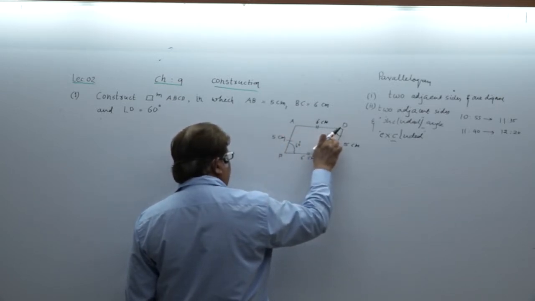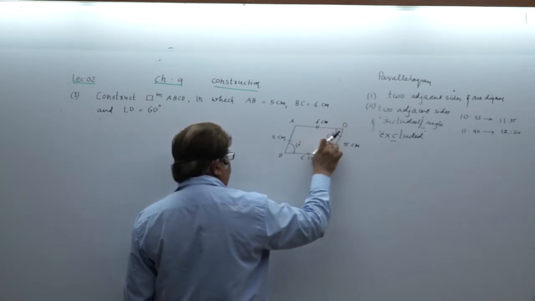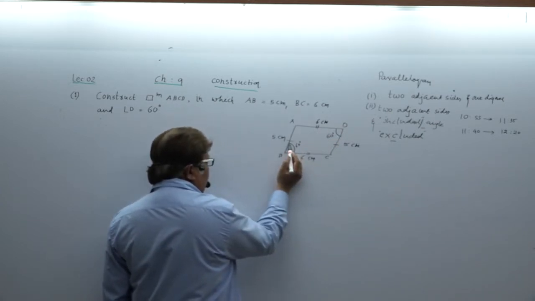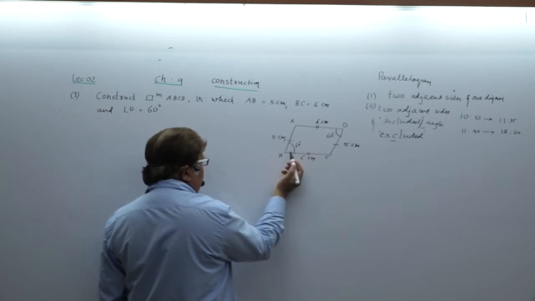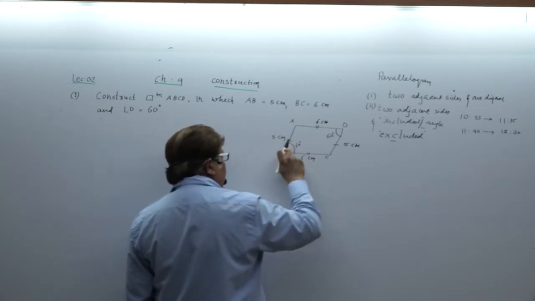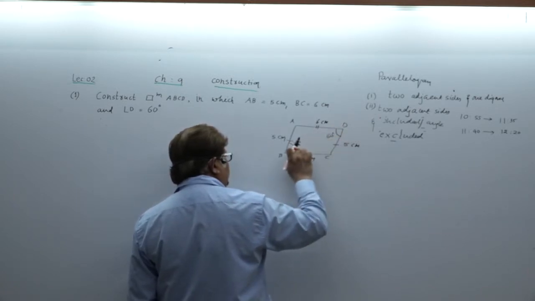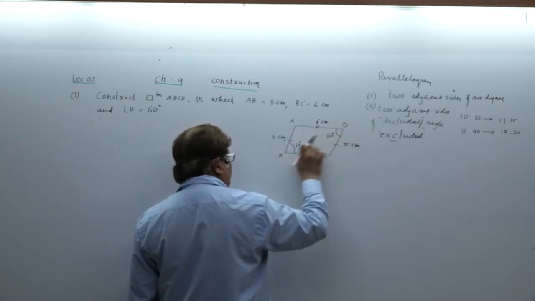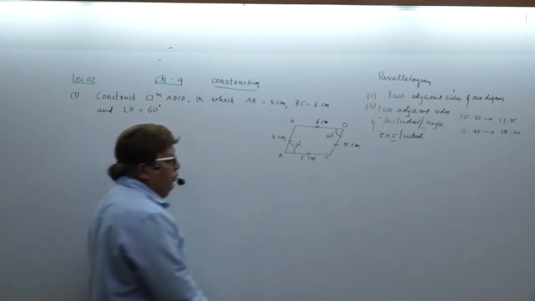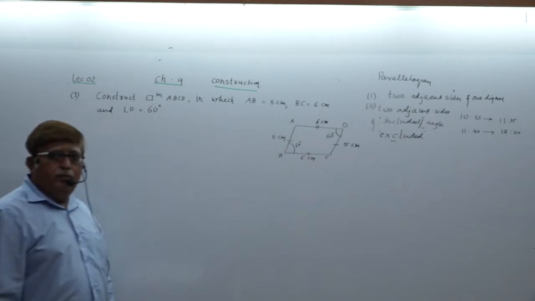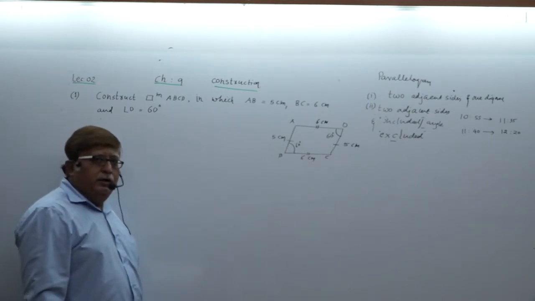This is called excluded angle. Please mind this. If you are given already this angle, you do not have to worry much. But when you are given the excluded angle, you have to utilize the second property, that opposite angles of parallelogram are congruent. That property you need to target.